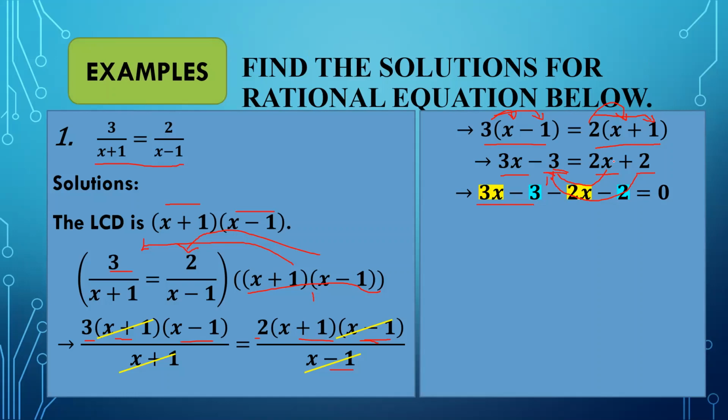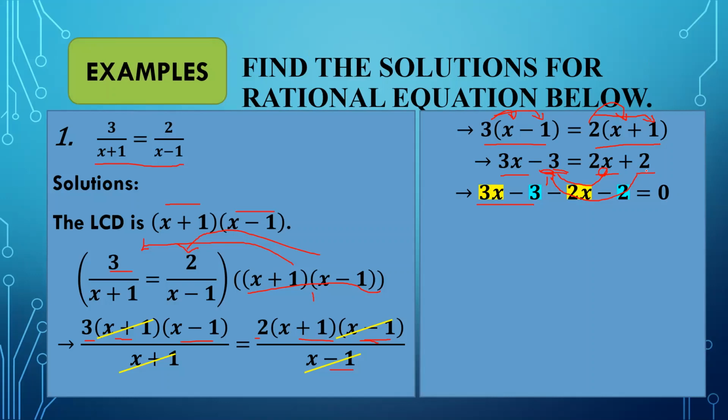Why 2x? Since we transfer 2x from this side to this, we use the additive inverse of 2x. So if we add both sides by negative 2x, obviously this side will be 0, and we have here negative 2x.